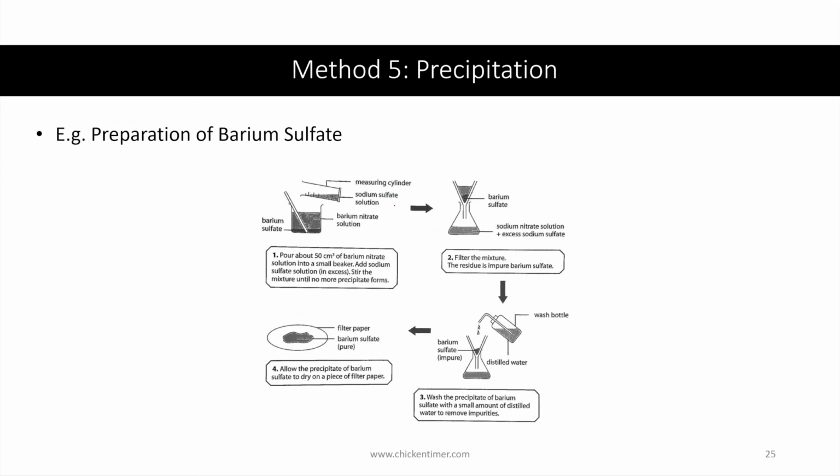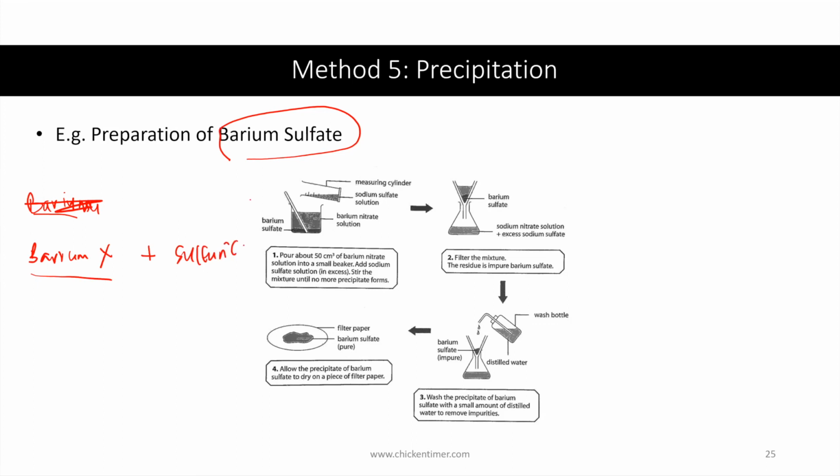So in this case, the example, they prepare barium sulfate. So you must choose a solution containing barium. Then plus sulfate, that means the acid that has the sulfate ion is sulfuric acid.